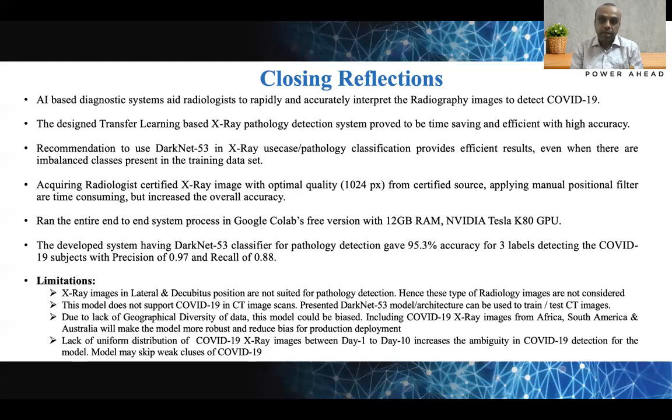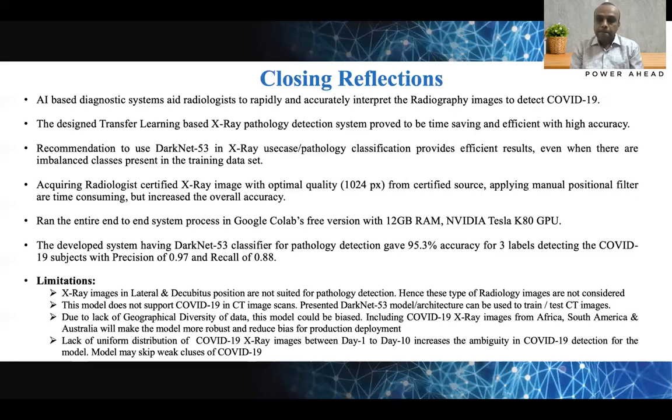This study has taken the data mainly from three continents: North America, Asia, and Europe. We believe that this model is still biased. If we include images from other geographies as well, we could reduce the bias.